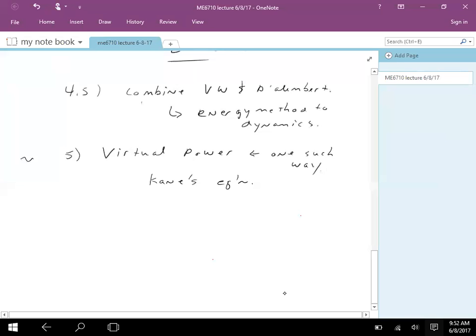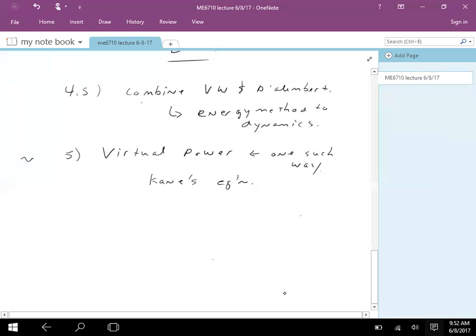Okay, but again, this is just a high-level overview, and I'm 3 minutes over, so I'm going to wrap it up. I've got 2 more methods I'm going to show you, and the big one, the reason for signing up for this class, is method number 6. I guess I have it here, Lagrange's equations for rigid bodies.